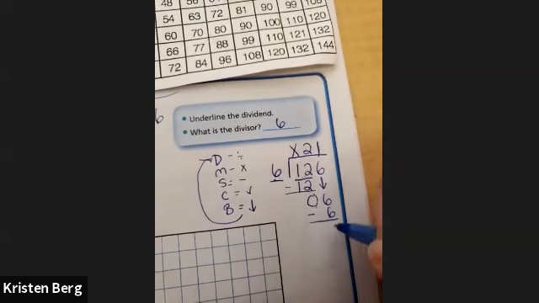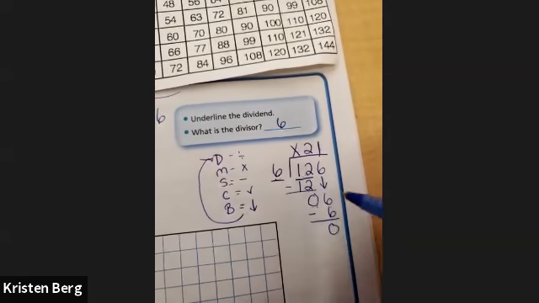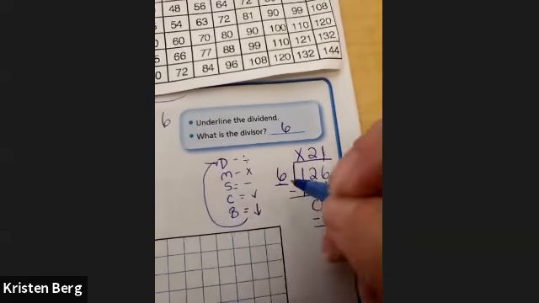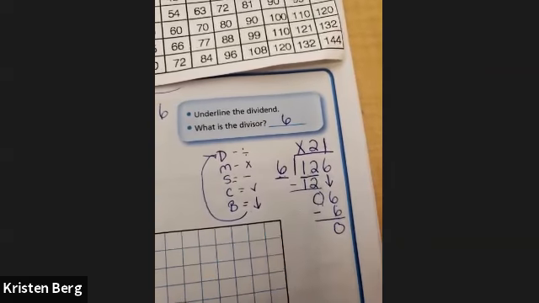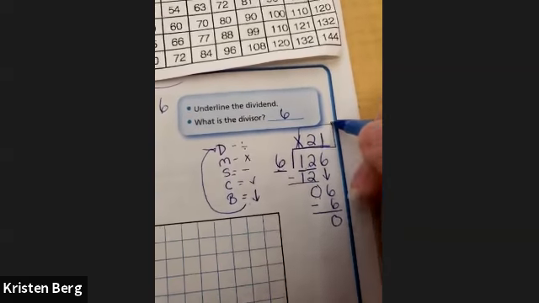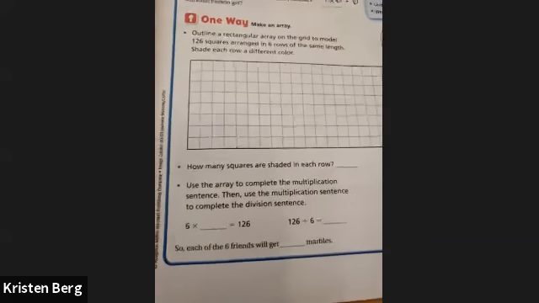And then you subtract, which is 0, and check. You are good. Is there any more numbers to bring down? No. So then you stop. Your answer is 21.